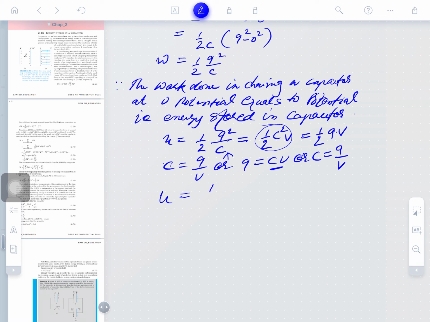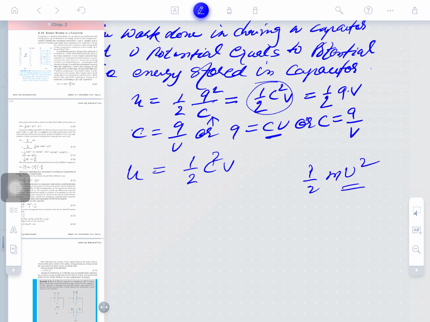So the energy of a capacitor is half C V square, like half m v square, okay, guys. So what role does this play? I am telling you C V square in place of Q square.